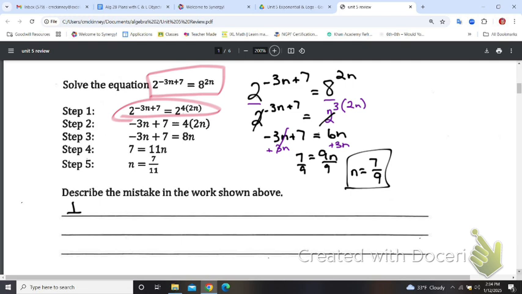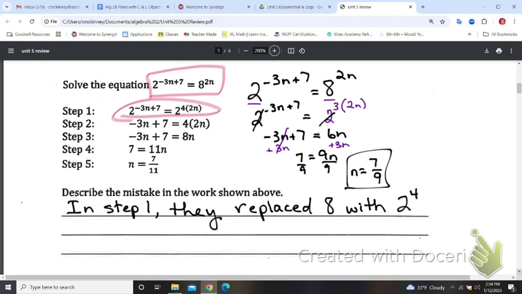I'm going to say in step 1, they replaced 8 with 2 to the fourth power.